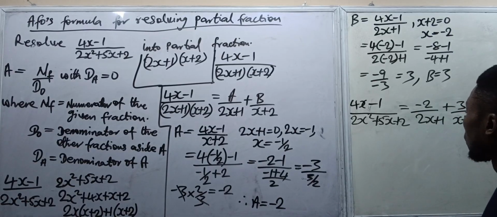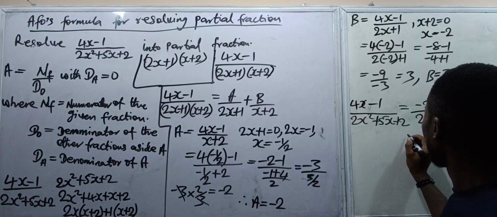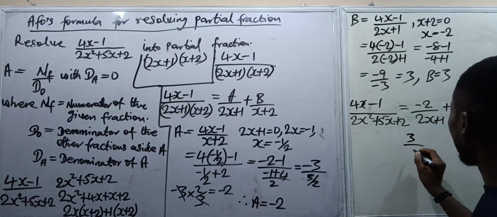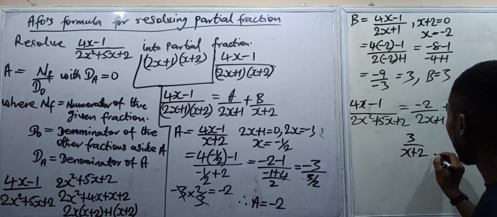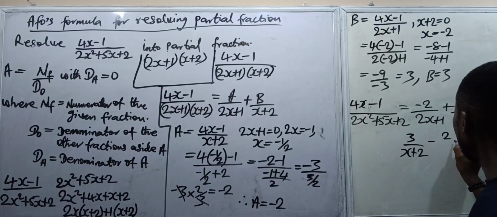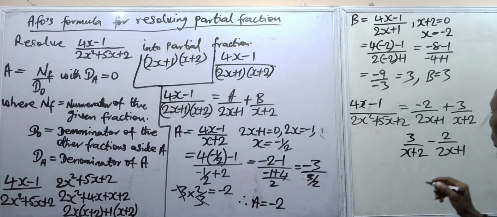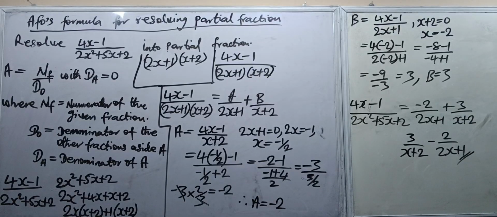This can also be written as 3 over x plus 2 minus 2 over 2x plus 1. And this is the final answer.